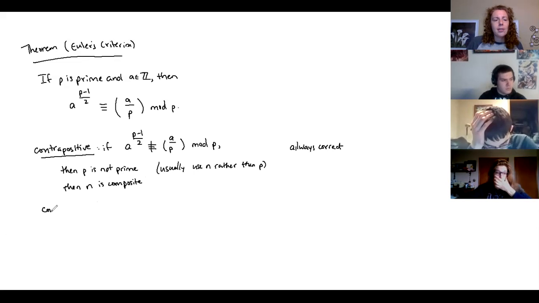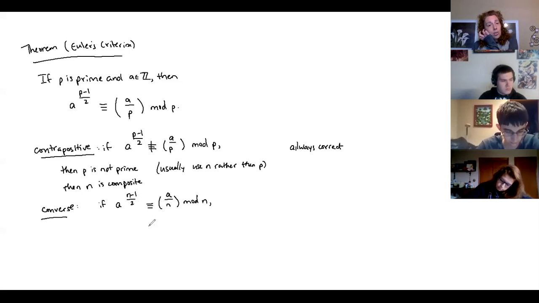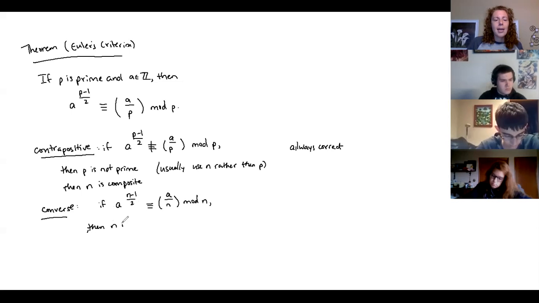Here's the converse, which may or may not be true. I'll write it with N's. If A to the (N minus 1) over 2 is congruent to the Jacobi symbol of A over N mod N, then N is prime.